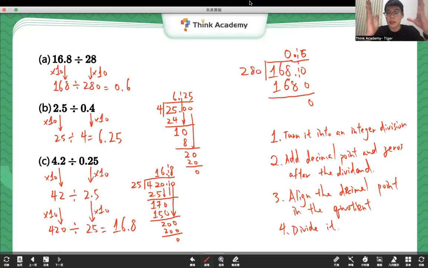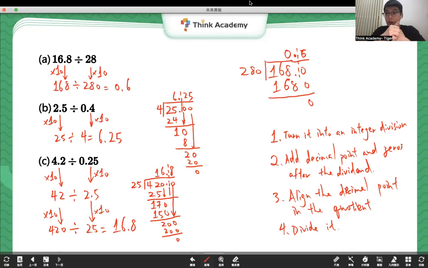And if it is an addition or subtraction in negative numbers, you can just use a number line to help you. If you're adding a positive number, then it's going to be moving right on the number line. If you are subtracting a positive number, it's going to be moving left on the number line, okay?